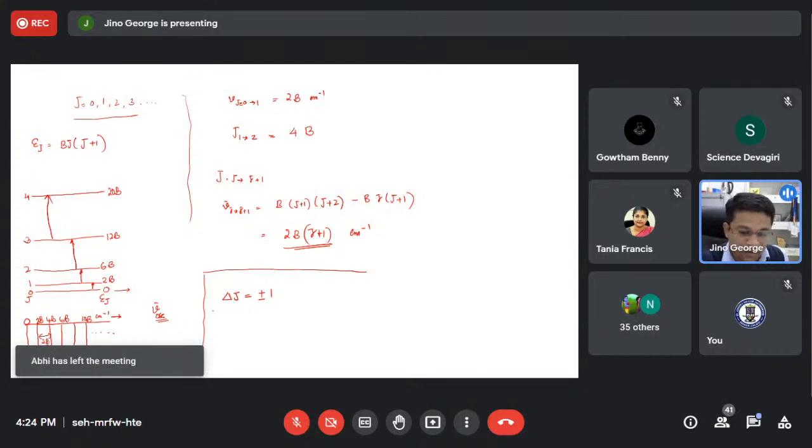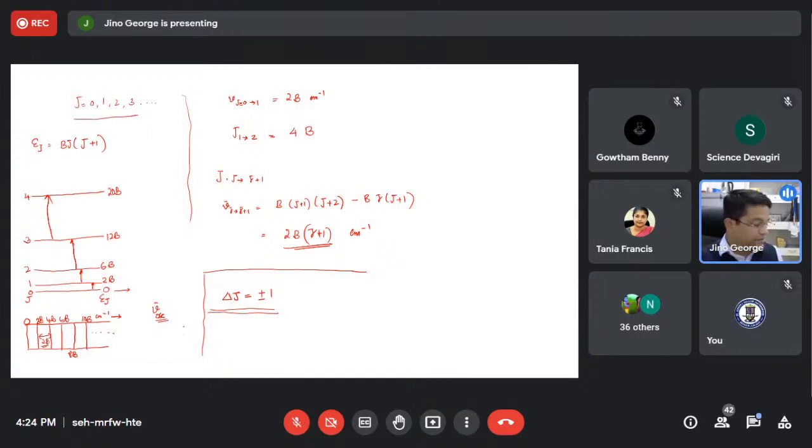There is a way in which it has been extracted from the Schrodinger equation in connection with the angular momentum. I am not discussing this, as it is beyond the scope of our discussion. But you have to remember delta J is plus or minus 1. That is the selection rule.